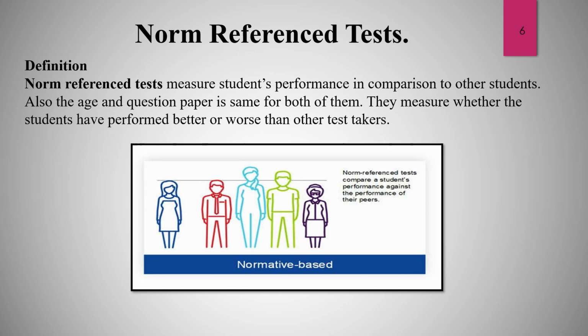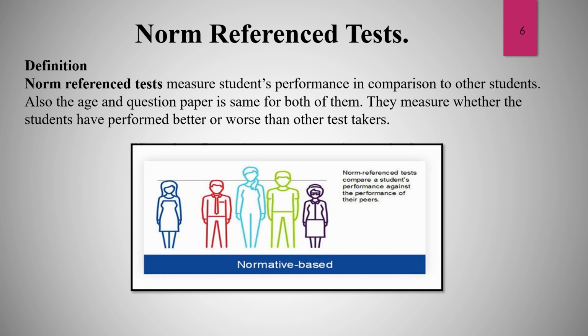Now here the definition says that a norm reference test measures students' performance in comparison to other students. Also, the age and question paper are the same for both of them. They measure whether the students have performed better or worse than other test takers. Okay, so as you can see, the child's performance is compared to his fellow mates.